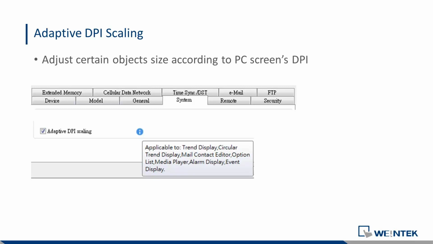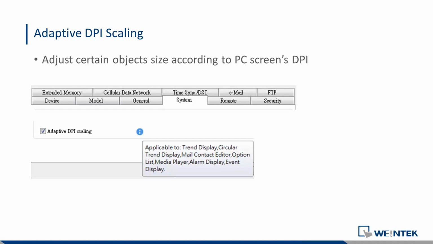And there are certain objects that will adjust automatically, such as the trend display, circular trend display, mail contact editor, option list, media player, alarm display, and event display.